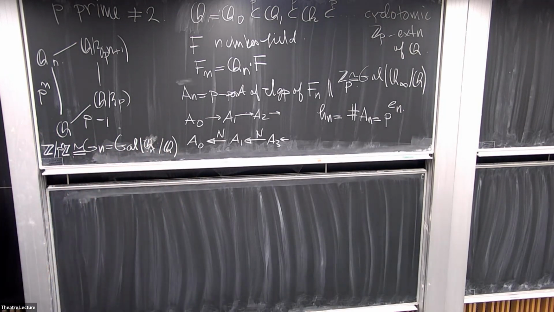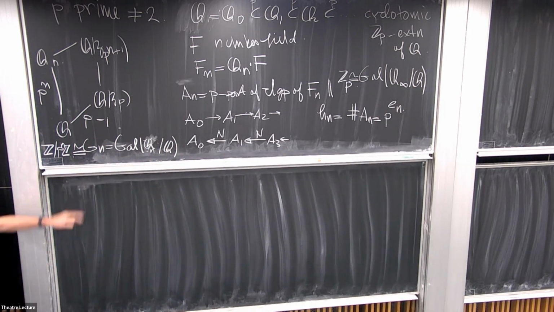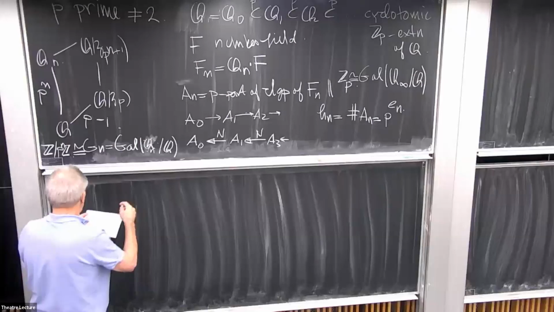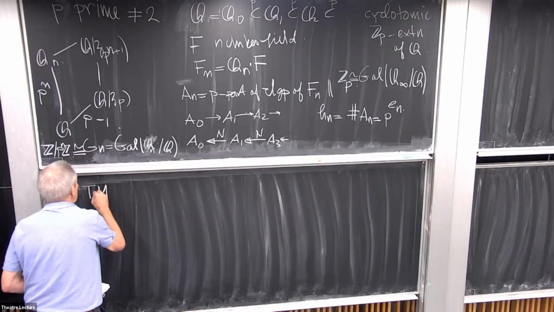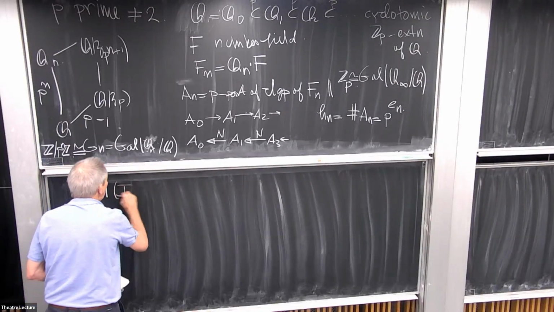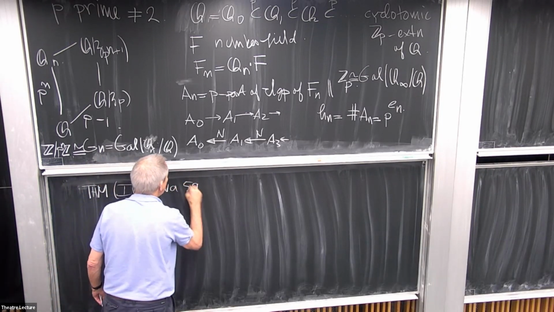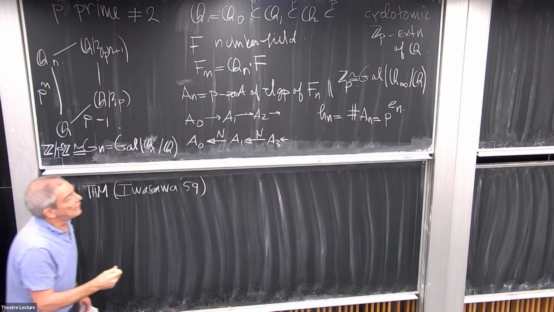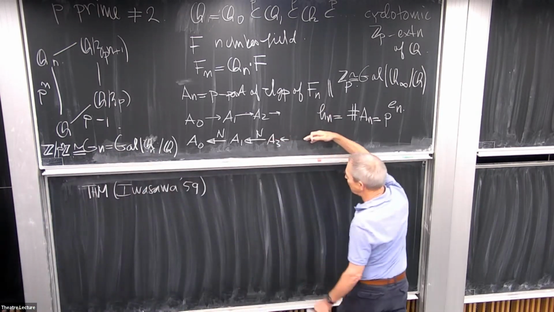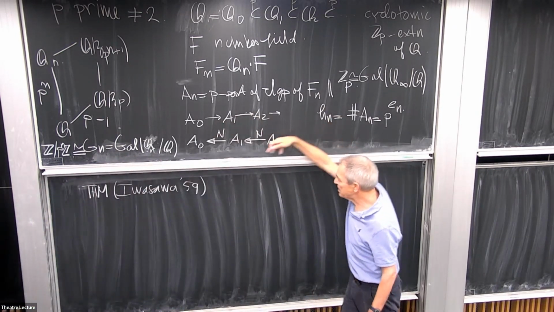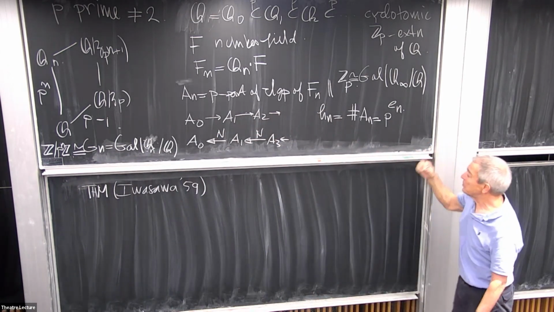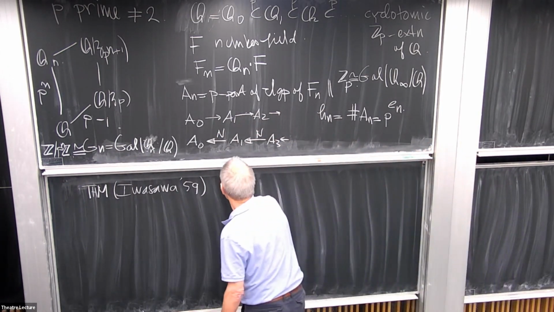Well, this field got a boost when Iwasawa proved a theorem, in the 50s, in 59. He studied the structure of the limits of these groups as Galois modules, and he had a formula for e_n.